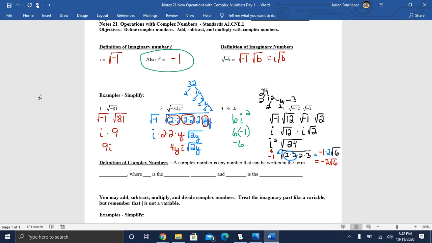So that's an introduction to imaginary numbers. Now we're going to look at how those fit together as what we call complex numbers. So a complex number is written in the form of a plus bi. a is what we call the real part, and bi is what we call the imaginary part.